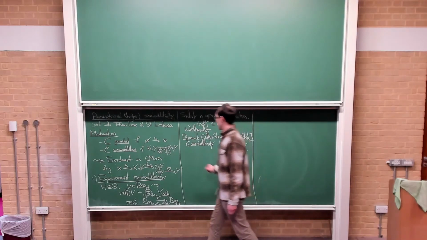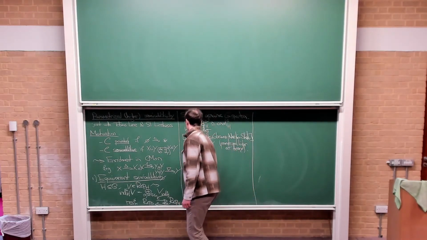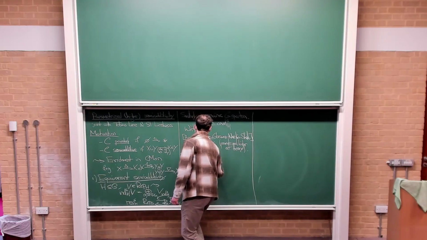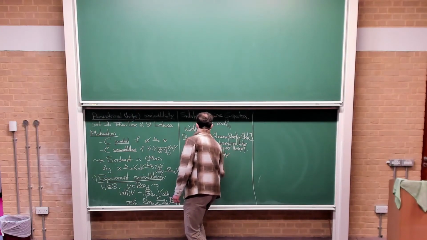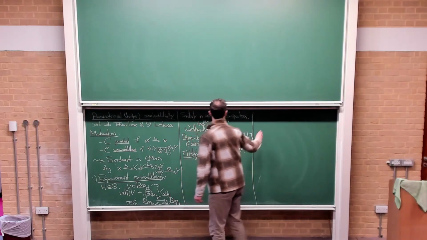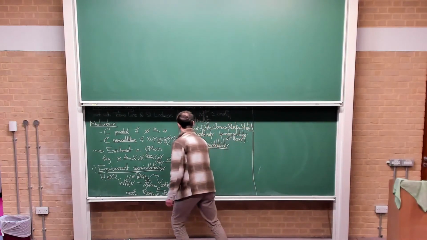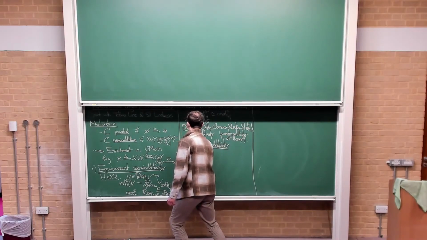A second example comes from higher semi-additivity in chromatic homotopy theory. To motivate it, we might look at G, again, a finite group.